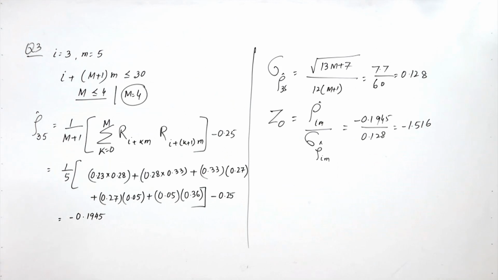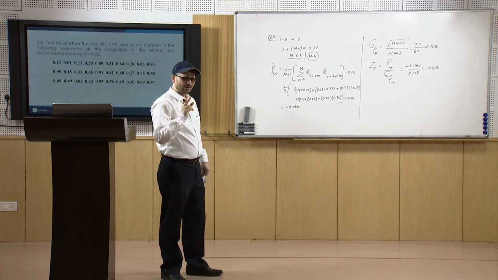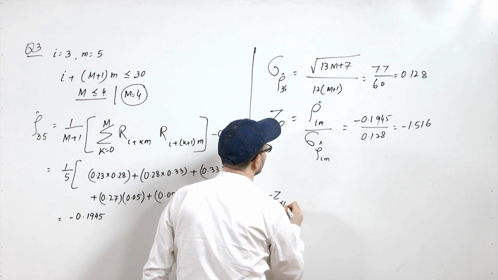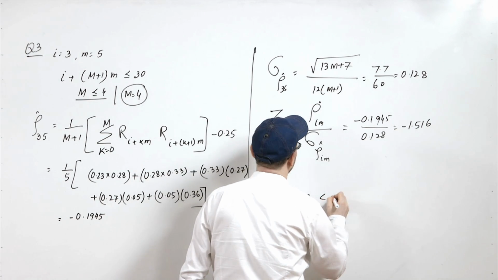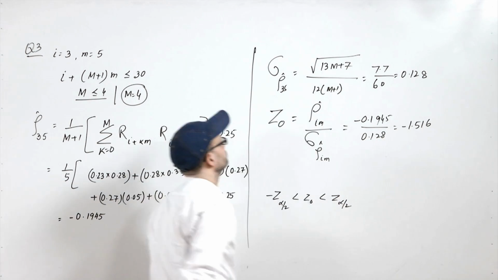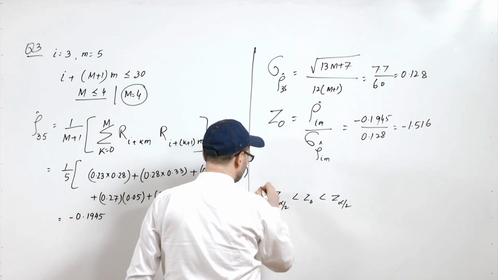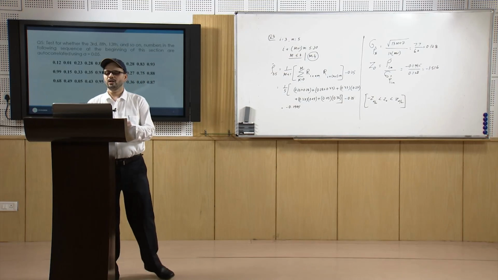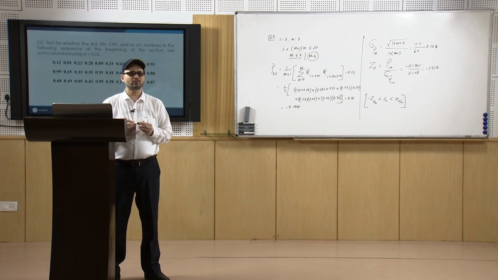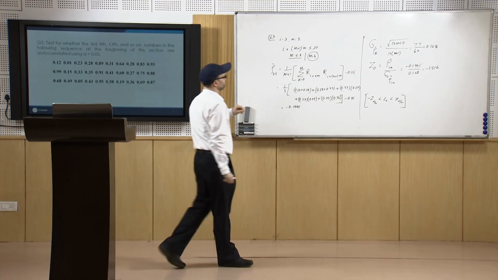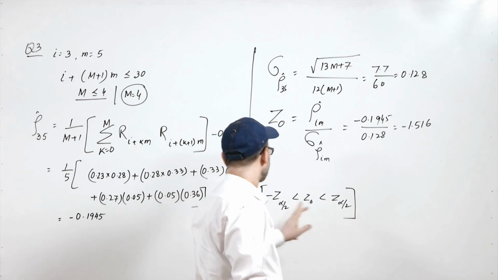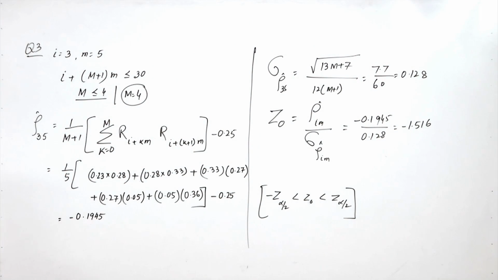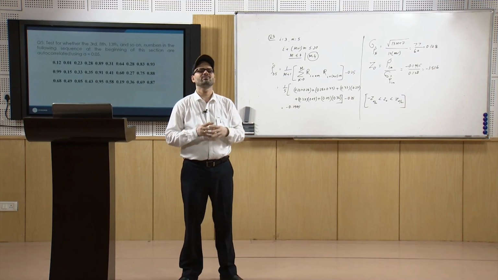Now, the condition is that this value should be in between minus z alpha by 2 to plus z alpha by 2. If z naught is in between minus z alpha by 2 and plus z alpha by 2, then you cannot reject the null hypothesis of independence.